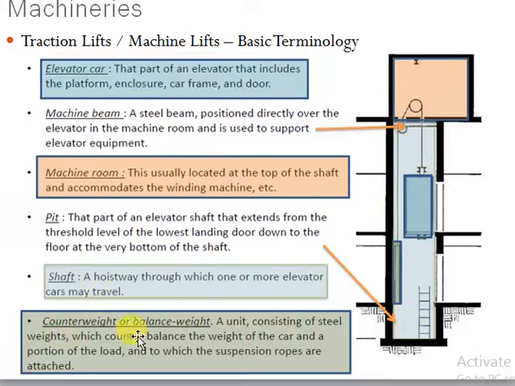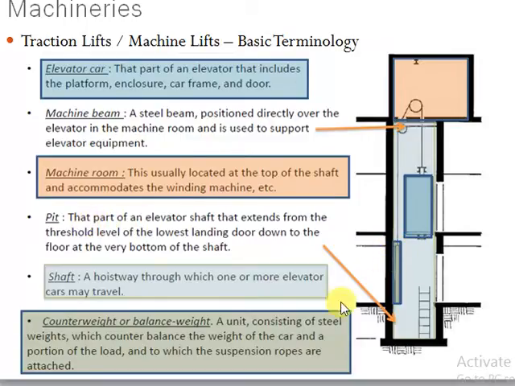Then we have the counterweight or balance weight, which runs on the rails. This counterbalance is moved by this pulley, and through a seesaw action, the lift car will move in a direction opposite to that of the counterweight.